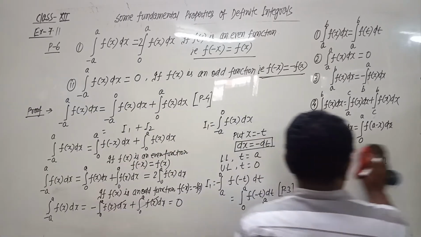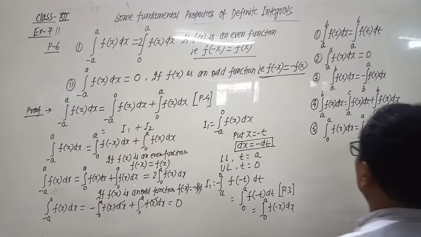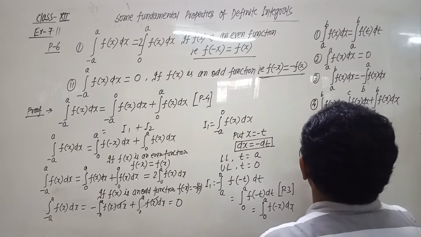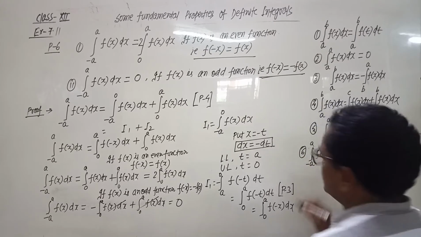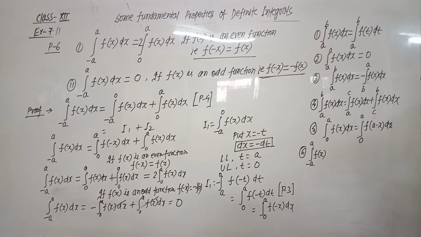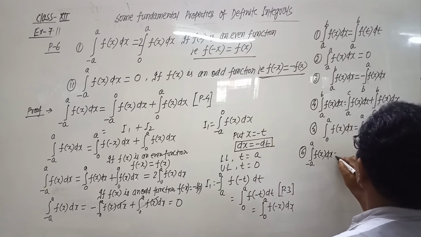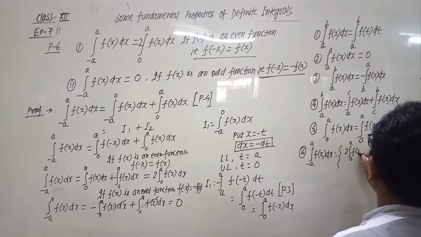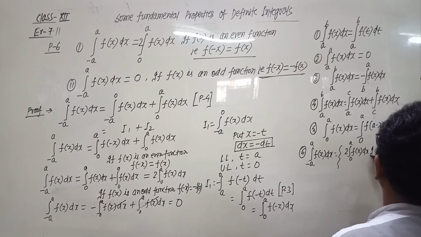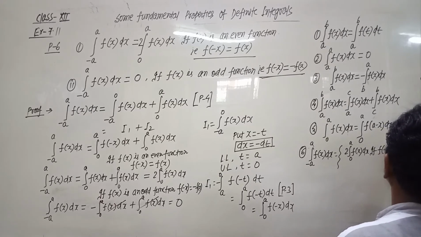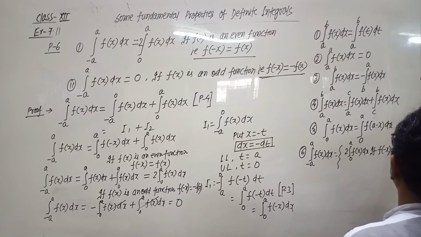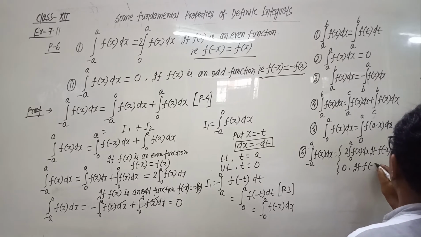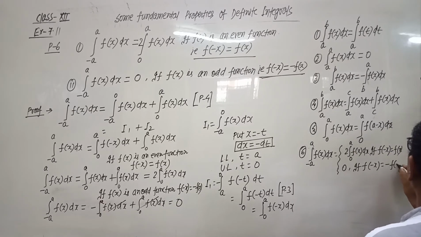So write down the property here. Property number 6: integration from minus a to a of f(x) dx equals twice integration 0 to a of f(x) dx if f of minus x equals f of x, and this becomes 0 if f of minus x equals minus f(x).